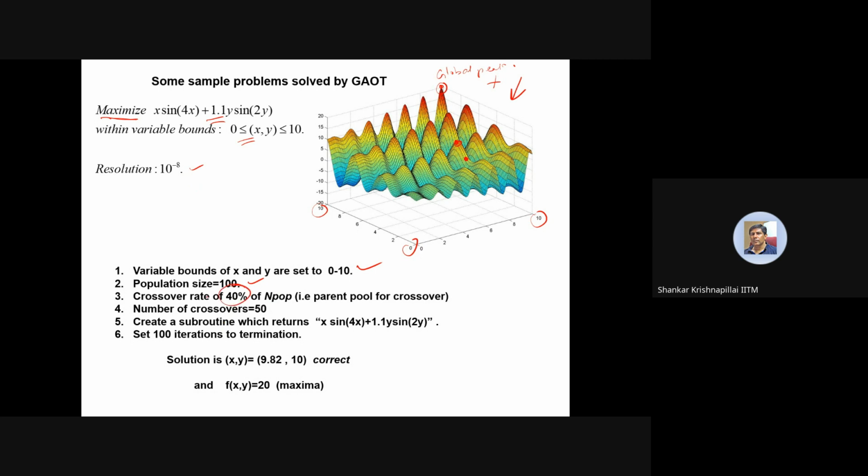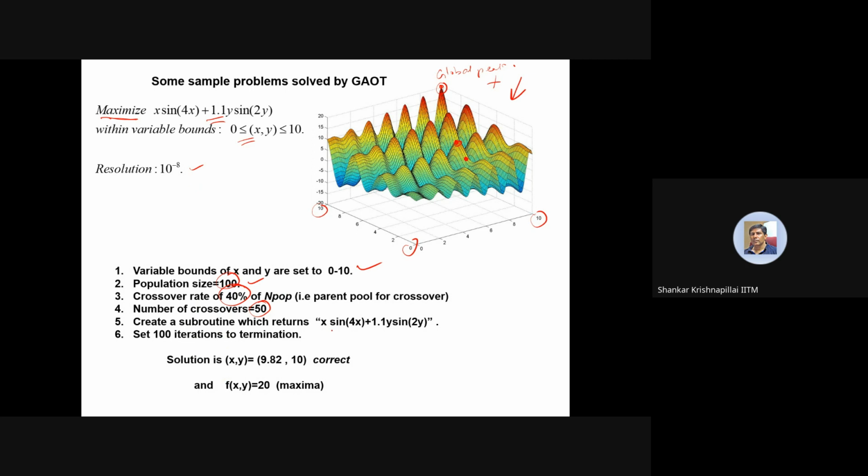Then 40% of the population is shortlisted as parents. Remaining 60% are rejected. Number of crossovers is 50. So if you do 50 crossovers, you will get a population of 100, which will fill the next generation completely.